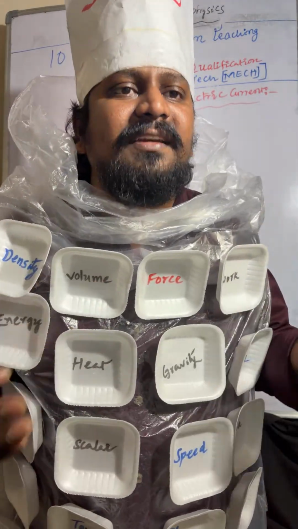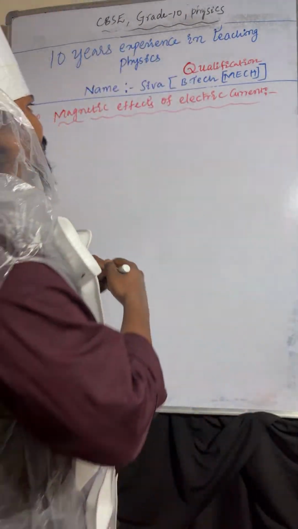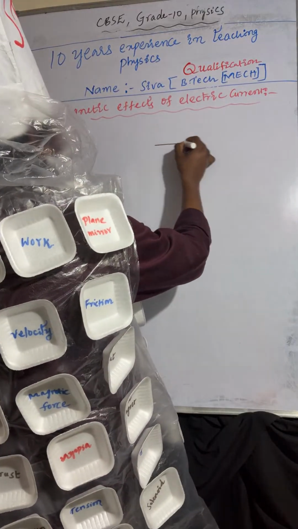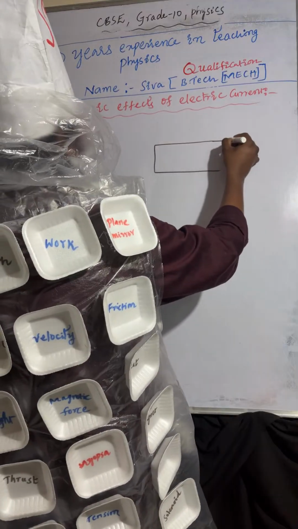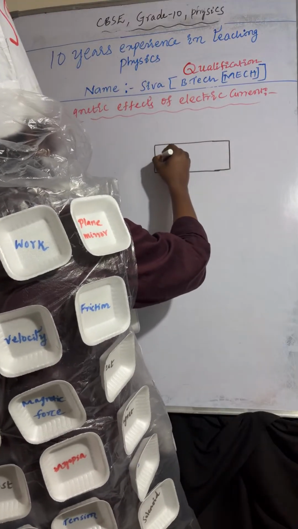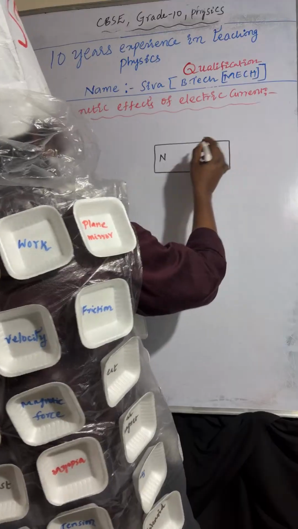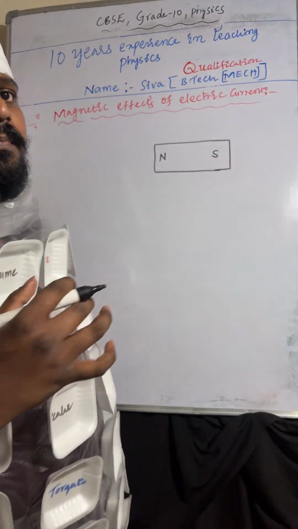And coming to the magnetic field, the region around the magnet. This is the north pole and this is the south pole.